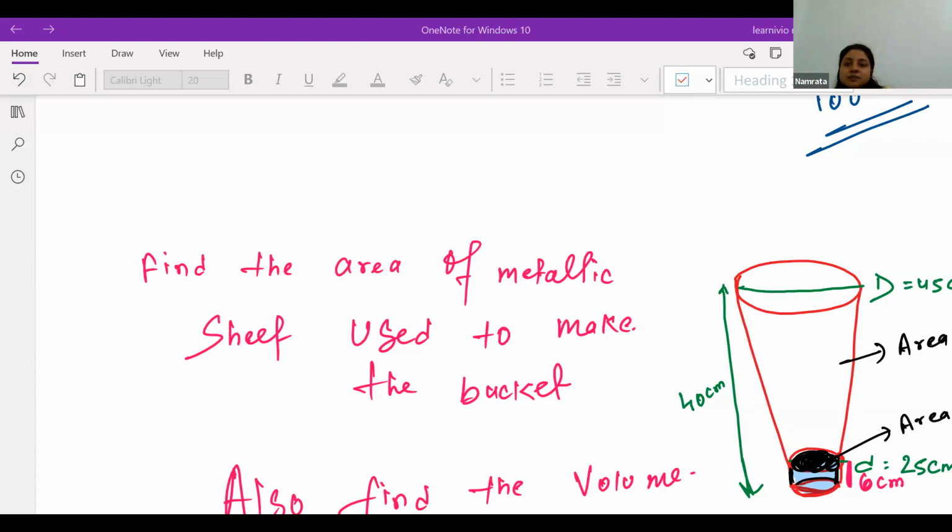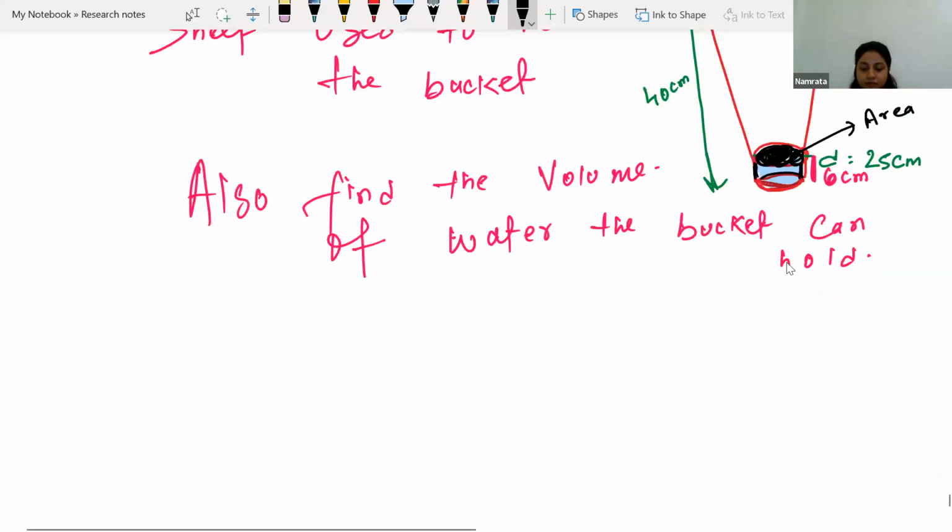So let's do it. This cylinder will have the curved surface area, as it is a hollow cylinder, that is 2 pi RH.